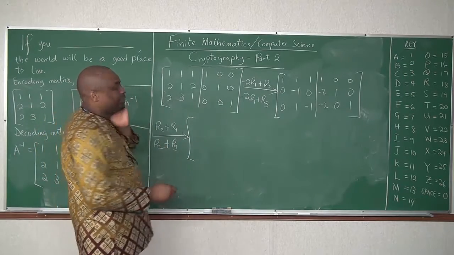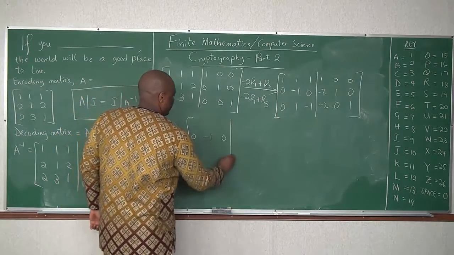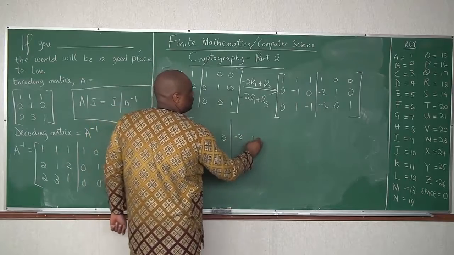So R2 does not change, so I will have 0, -1, 0, -2, 1, 0.